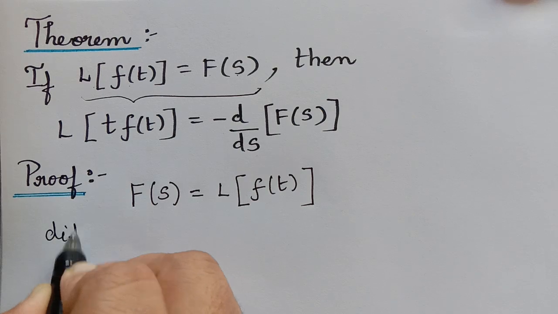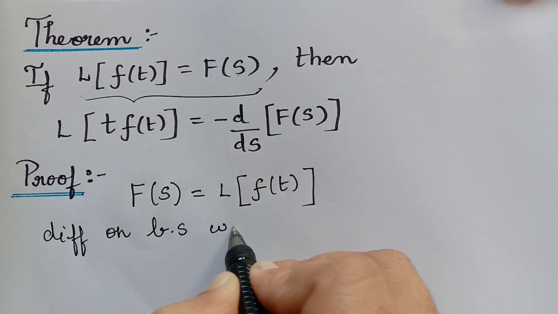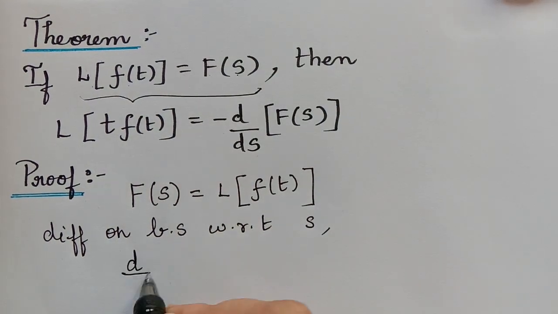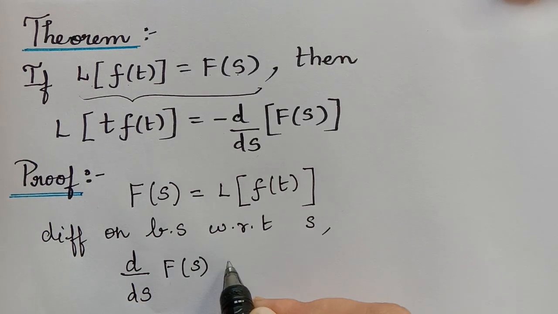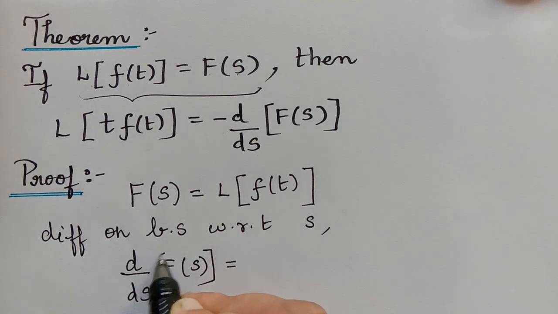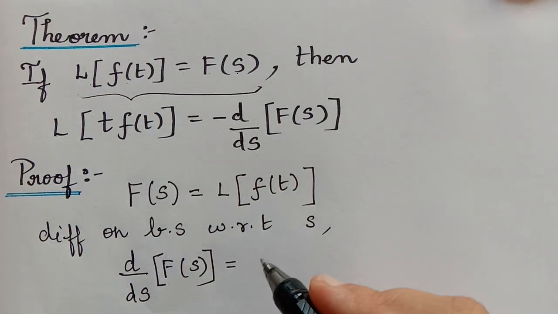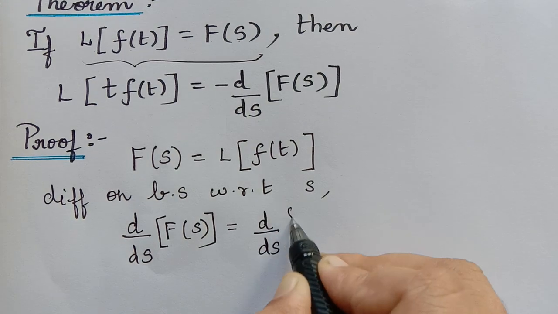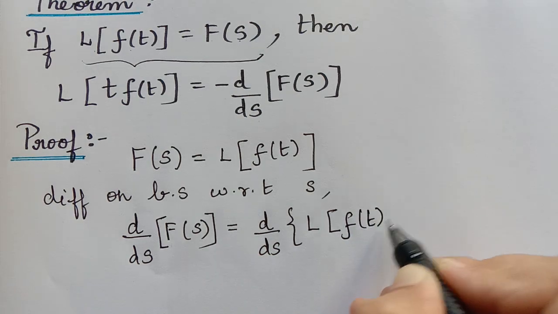So we get d by ds of capital F of s to be equal to d by ds of Laplace transform of f of t.